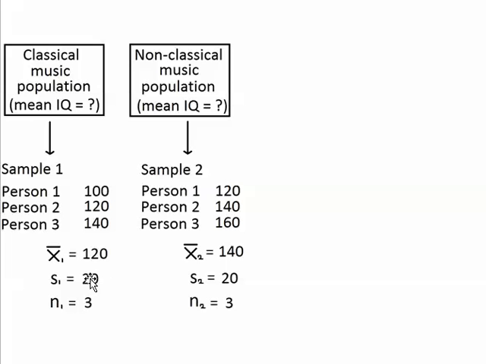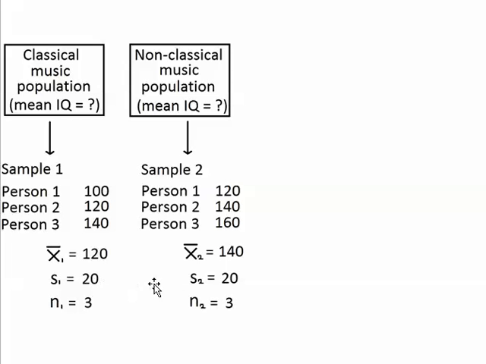I also got the standard deviations of the 2 samples. The letter S is a symbol for sample standard deviation. I calculated this standard deviation by plugging these values into a formula, and this one too. Let's just say that they both came out to 20.